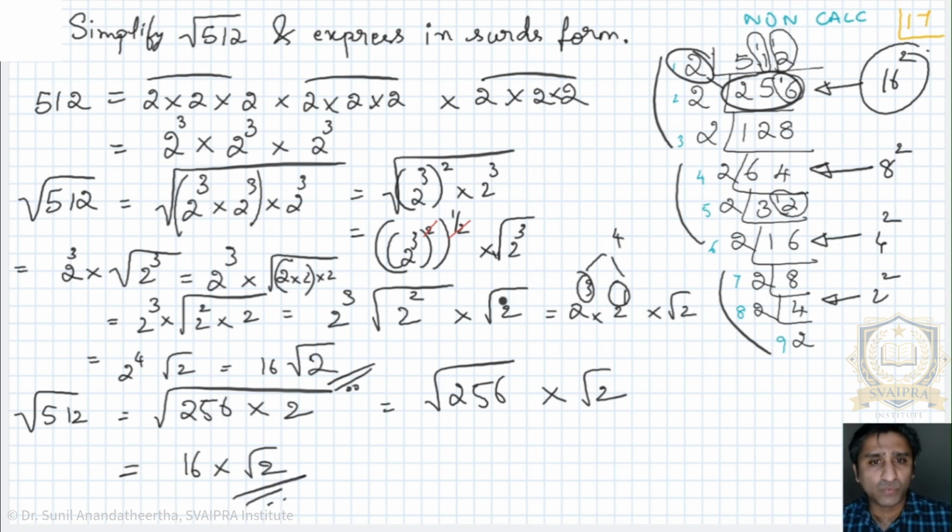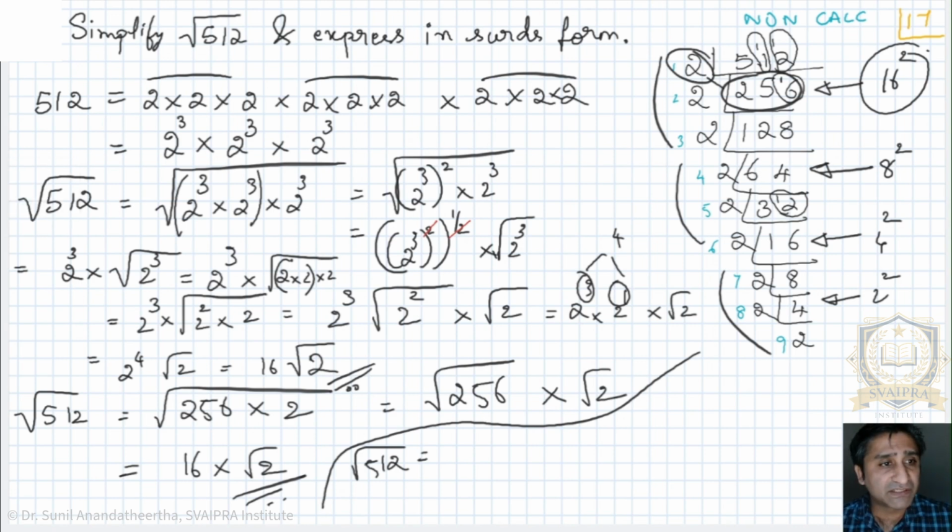You can do the same kind of method again. Let's demonstrate it using 64 here, for example. For the square root of 512, if you would like to consider 64, then 64 times 2 times 2 times 2 should give us 512.